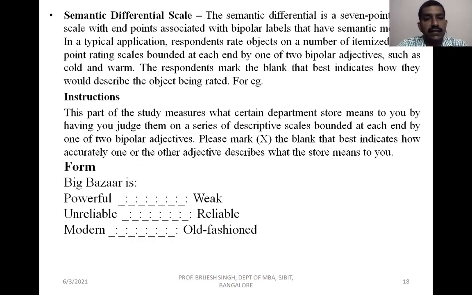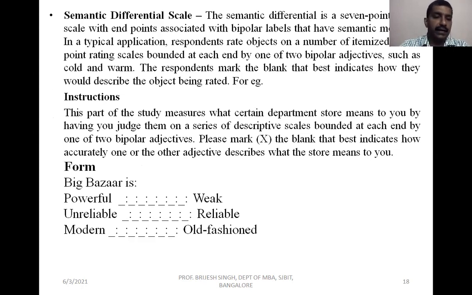Then we have the semantic differential scale also. It is something like a 7-point scaling technique. Based upon the 7 lines, wherever you feel it fits, you can draw the line there, closer towards one side.